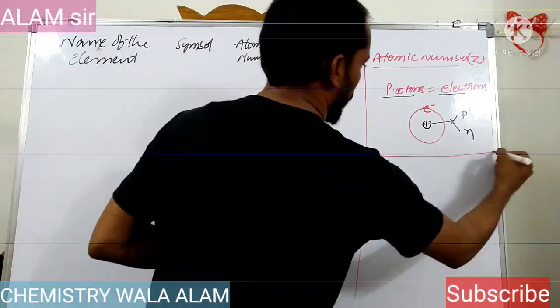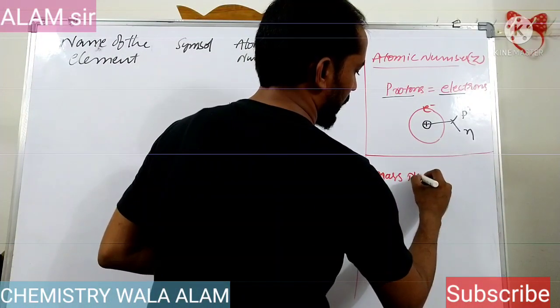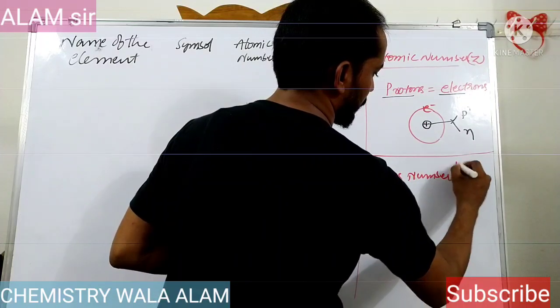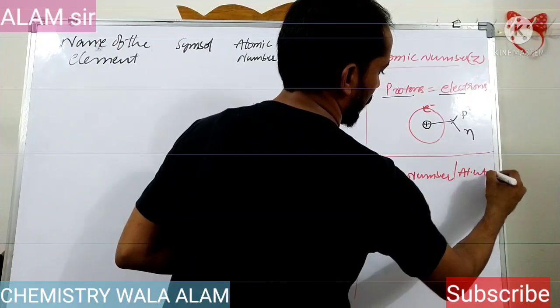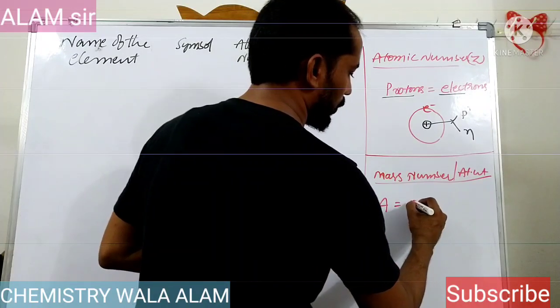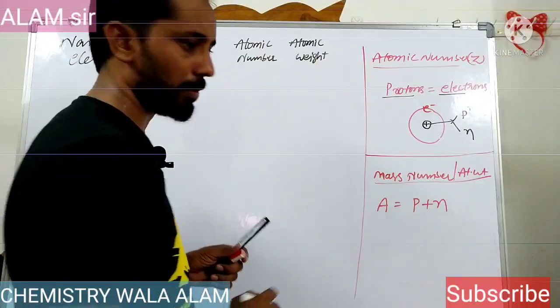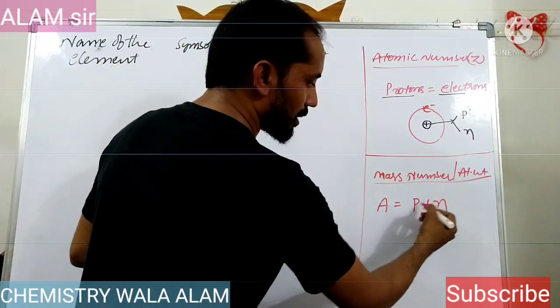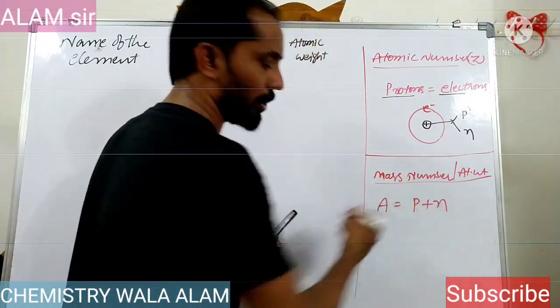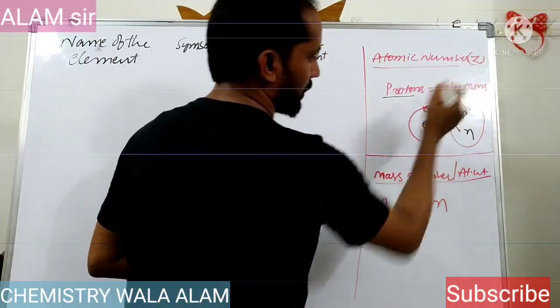Next is mass number or atomic weight, represented by the letter A, which equals the total number of protons and neutrons, or the sum of protons and neutrons, or the total number of nucleons.